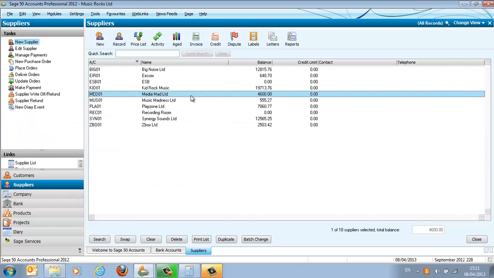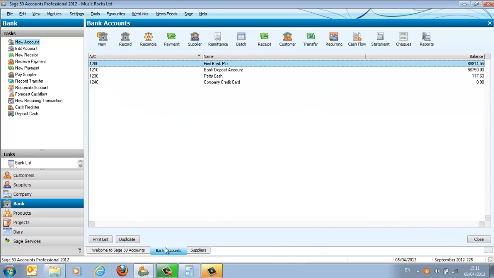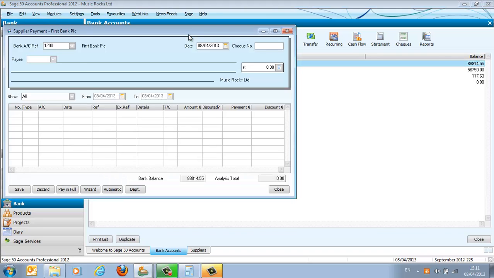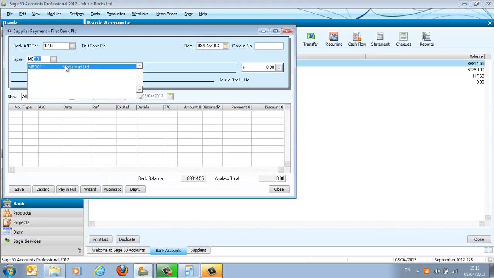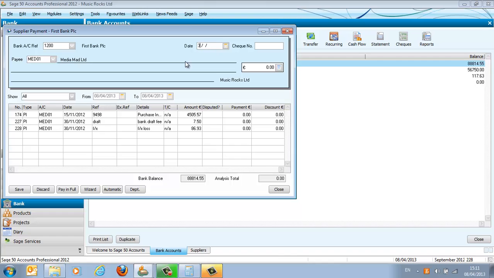Now when I look at Media Mad, I see there's 4,600, and it's important now to do the bank payment. So bank payment, supplier, pick the customer, Media Mad, pick the date, 30/11/12 or whatever date's on.